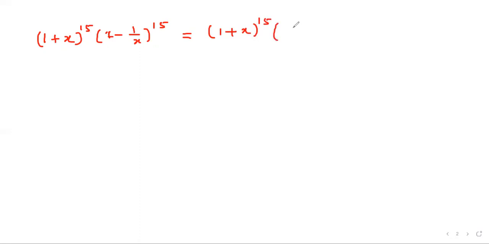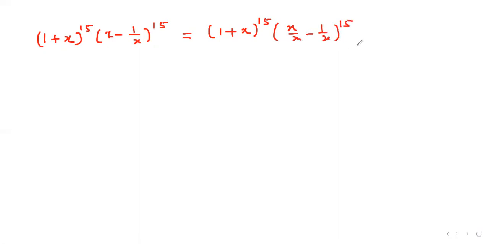Now consider LHS. So in LHS, we have (1 plus x) power 15 multiplied by (1 minus 1 upon x) power 15. From here, we can take common minus 1 upon x. So (1 plus x) power 15 can be written as x upon x minus 1 upon x power 15.